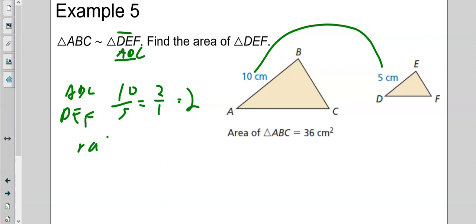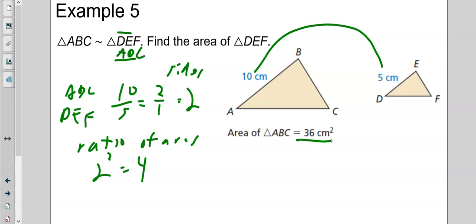But the ratio of the areas is 2 squared, which is 4. So if we know the area of this one is 36, and the ratio is 4, we need to divide by 4 and get 9 for this one. So there's a 2-to-1 ratio on the side lengths, but there's a 4-to-1 ratio on the area because 2 squared is 4.